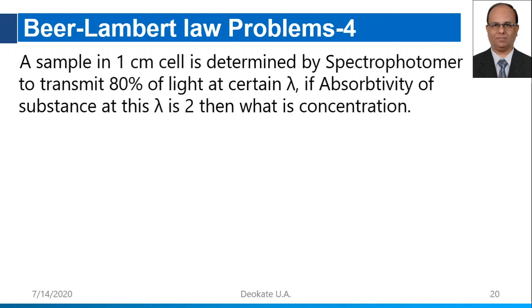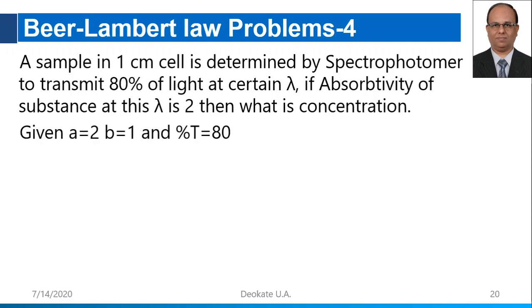A sample in a 1 centimeter cell is determined by a spectrophotometer to transmit 80% of light at a certain wavelength. If the absorptivity of the substance at this wavelength is 2, then what is the concentration? Read the problem once again very carefully and find out what is given.